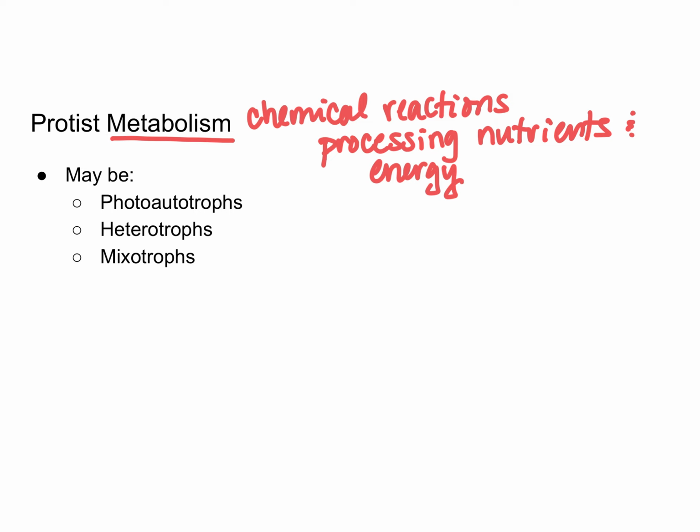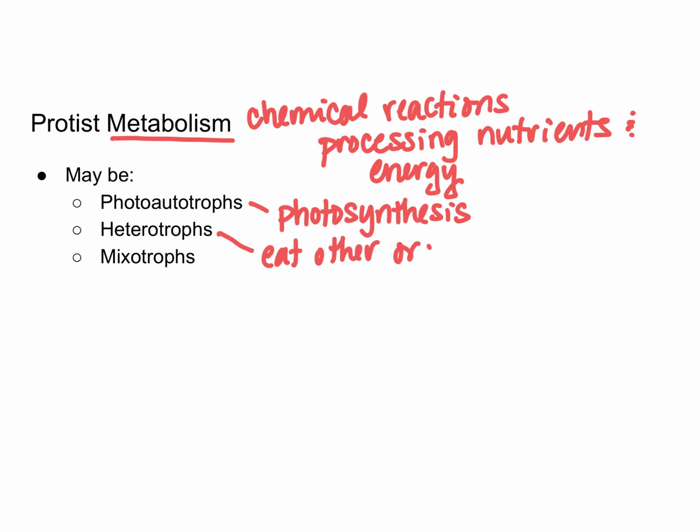Now, protists are, I don't want to say flexible because certain protists are only able to do maybe one or the other, but as a group of organisms, they might be able to do any of these types of metabolism. So let's do a quick review. A photoautotroph, these are our photosynthetic organisms. Heterotrophs are organisms that eat other organisms or eat other, we'll say, organic matter.